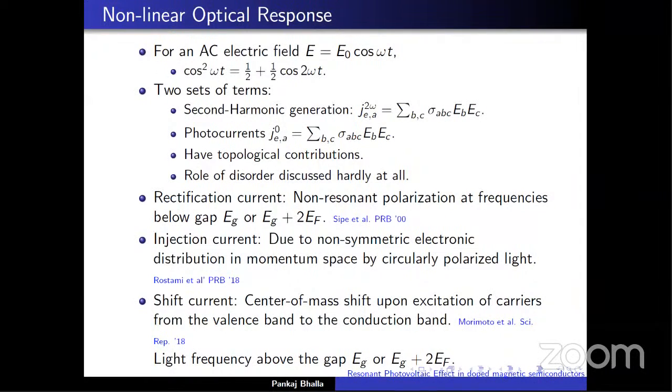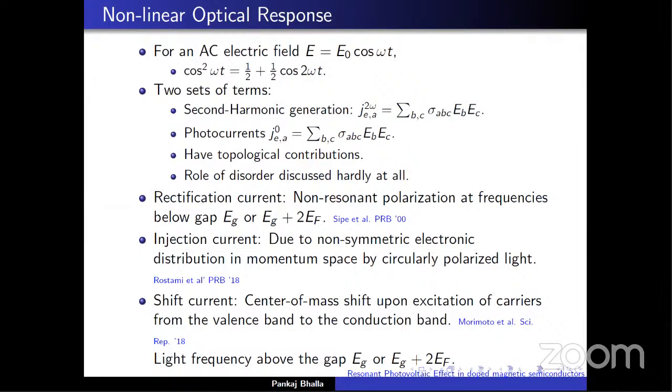So for this, the transitions from valence to conduction band are not important. In the rectification this is not important, but for the other categories these play a role.